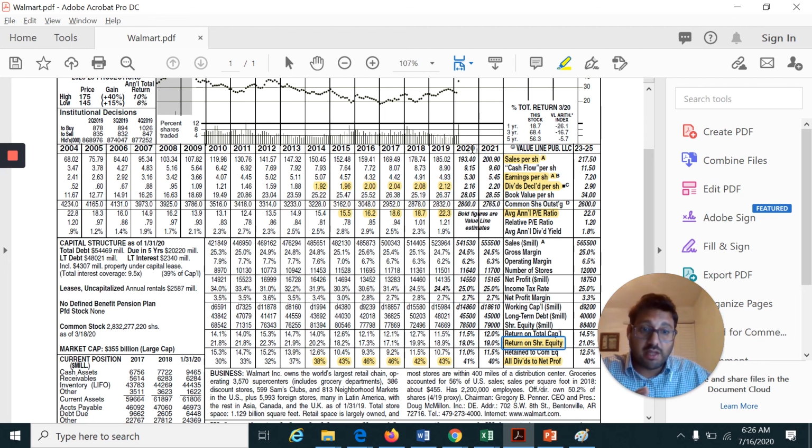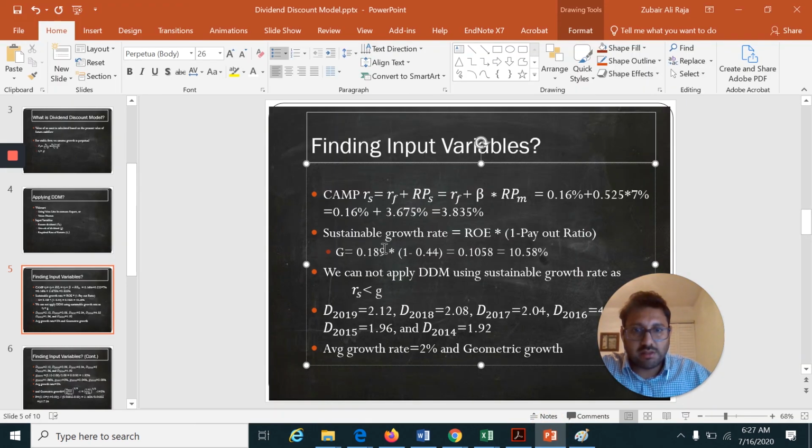So under the column of 2020, Value Line has made their estimates. These are just estimates at this time, not the real data. But we want to use the actual historical data. So for 2019, the historical data suggests that the return on equity is this one, 18.9%. So I'm using simply that 18.9% over here.